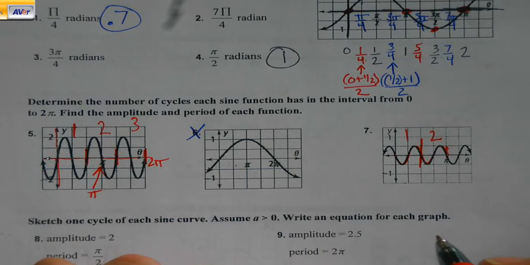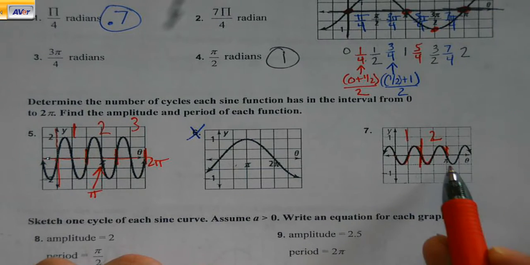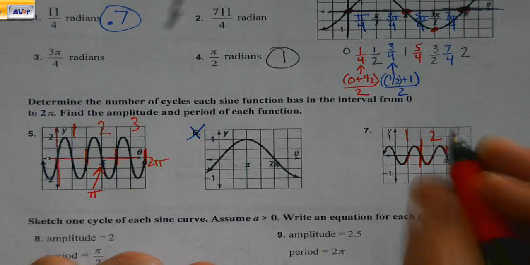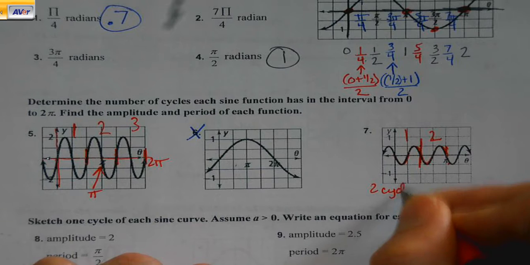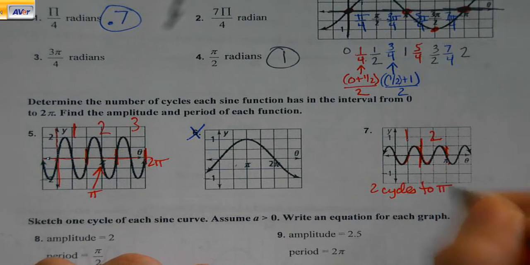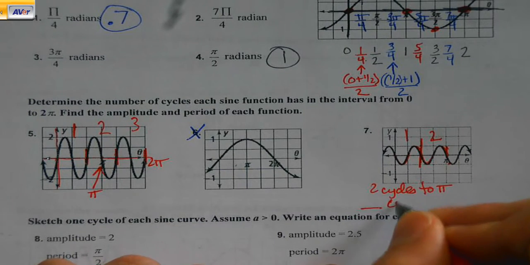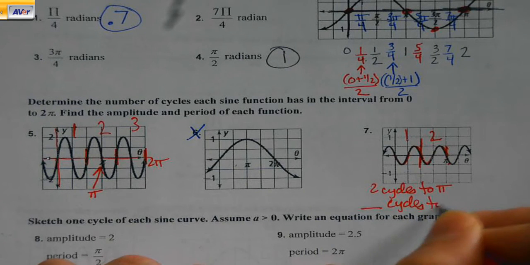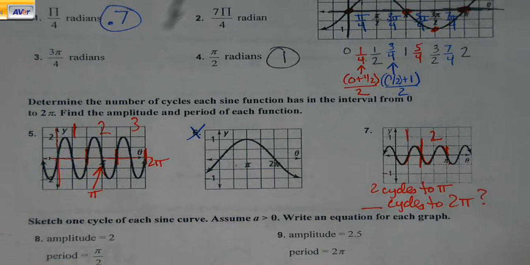Notice something. 2 cycles to get me to pi. 2 cycles to get to pi. How many cycles to get to 2 pi? I think you can figure that answer out yourself. Okay? Again, we're having to stretch our thinking processes here a little bit. Let's keep rolling.